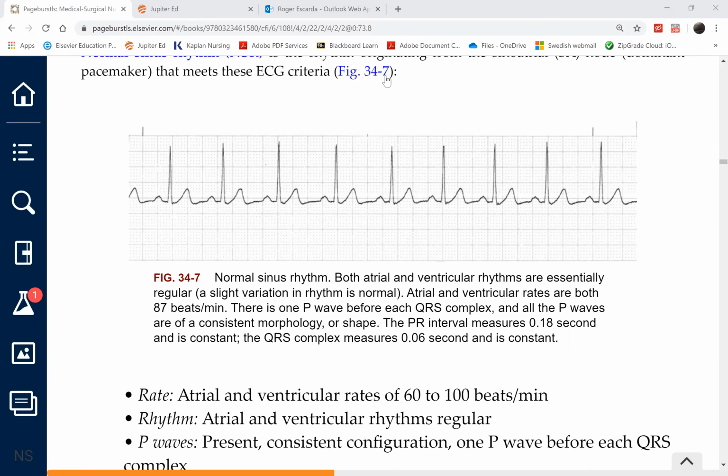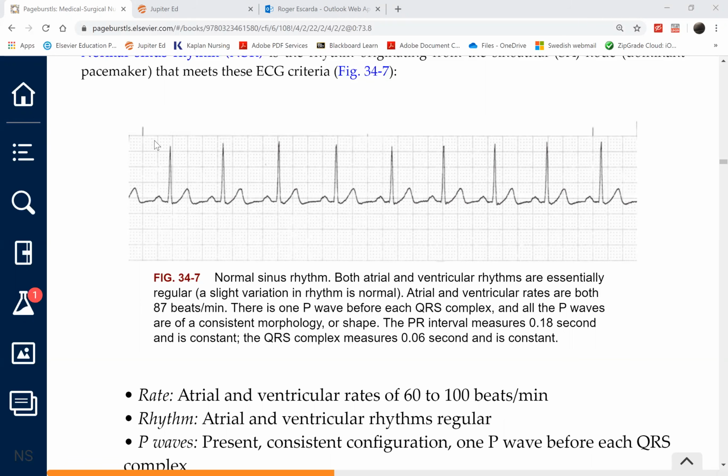How do I know it's 6 seconds? One, these are 3-second markers. This one right here, this one here, this one right here. These are 3-second markers, meaning between this and this is 3 seconds. Between this one and this one is 3 seconds. Don't believe me? Let's count.